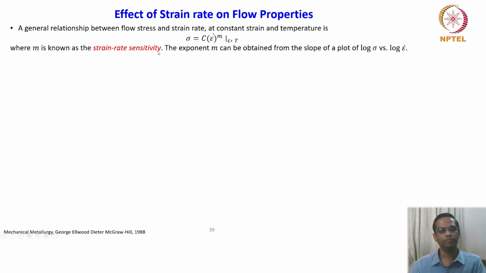Very important parameter, useful in high temperature deformation. The exponent m can be obtained from the slope of a plot of log sigma versus log epsilon dot, similar to our Hollomon equation. Here again it is epsilon dot.